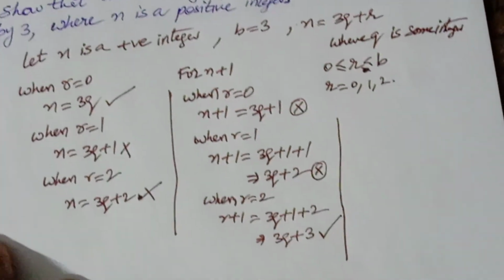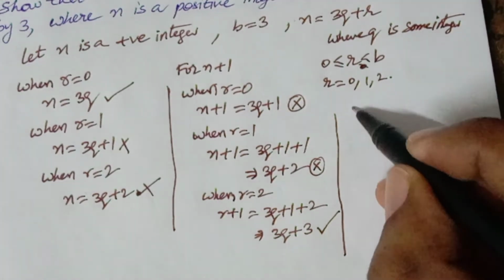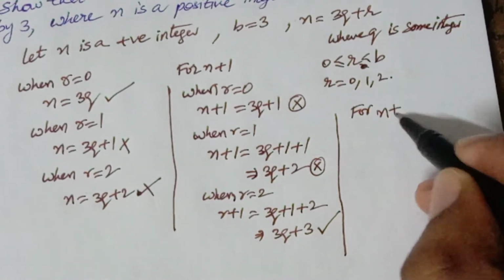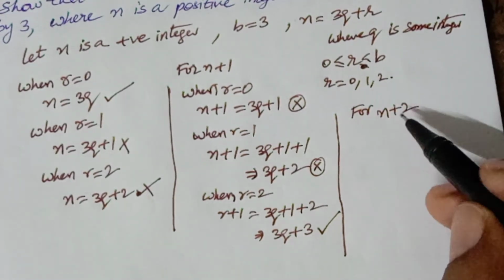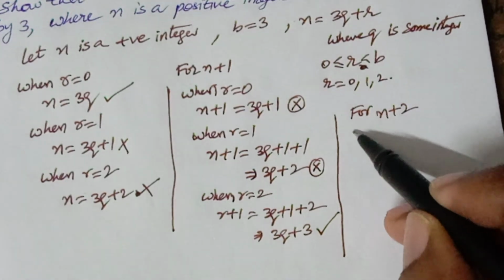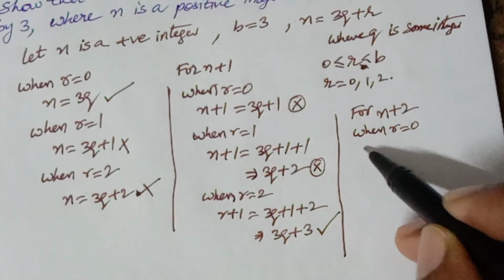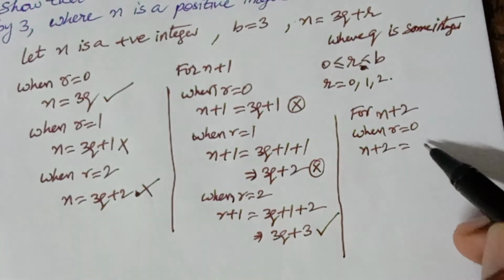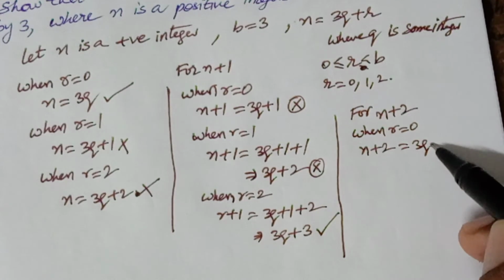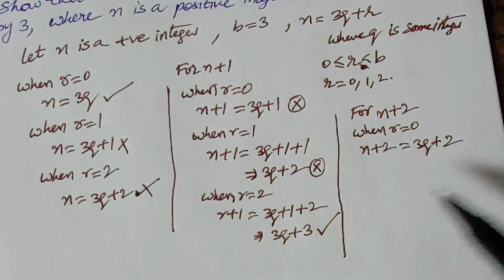Now if you go to the third case, for n plus 2: when r is equal to 0, n plus 2 is equal to 3q plus 2.